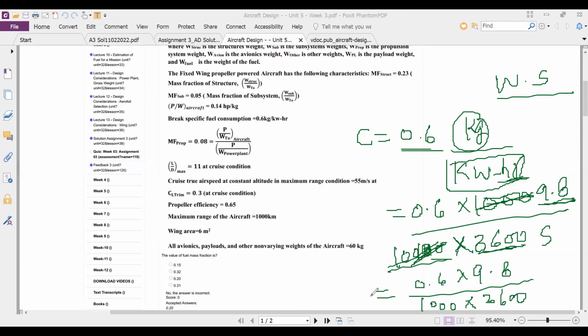Now hopefully you will get a right answer. Okay. Now about kilometers, there was 1000 kilometer in the range. So you have to use basically 1000 multiplied again by 1000, because you need this in meters. All right. So we'll clear this and move to the next question.